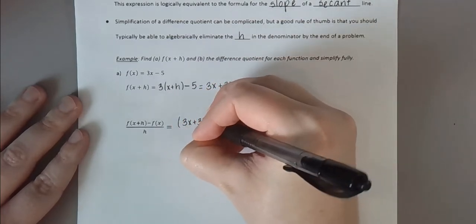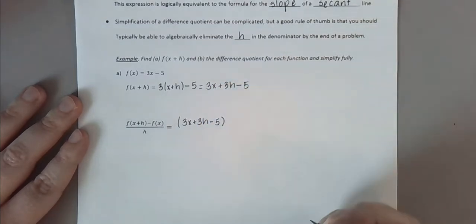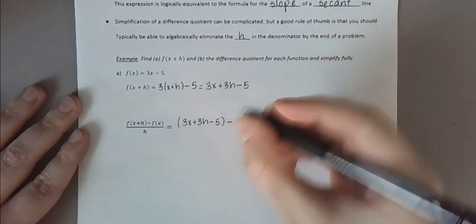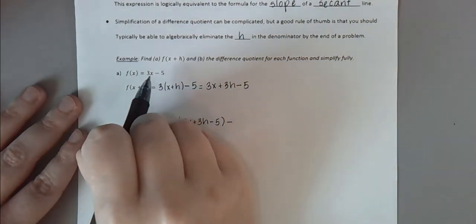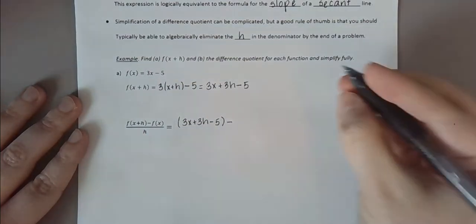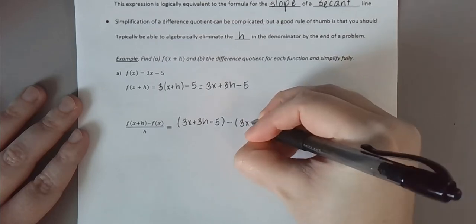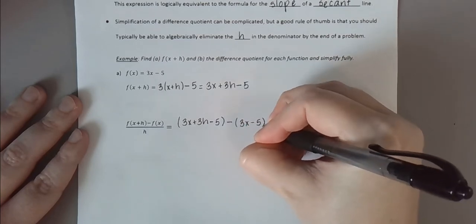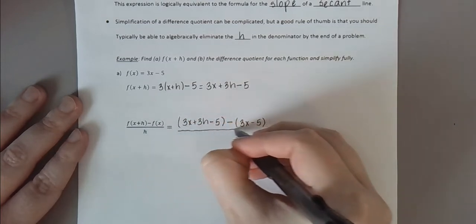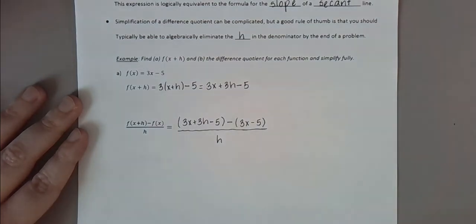So as we plug in f of x plus h, we're going to put parentheses around it. Then we're subtracting just f of x, no changes made. So we're subbing in 3x minus 5 in place of our f of x. And again, we want to put parentheses around it. In this case, these parentheses are going to be important because they're going to help us take care of these two signs correctly. And then we are dividing all of that by h.